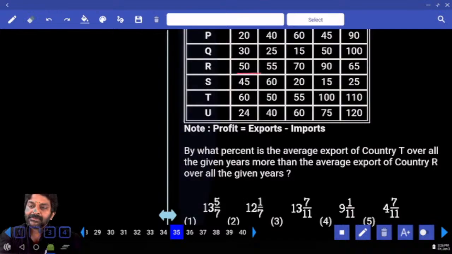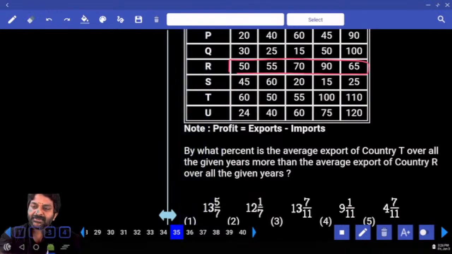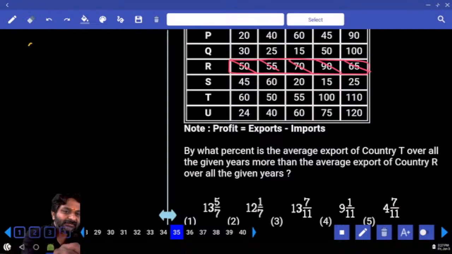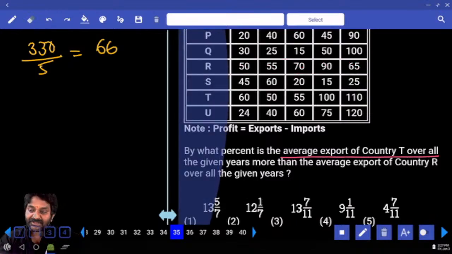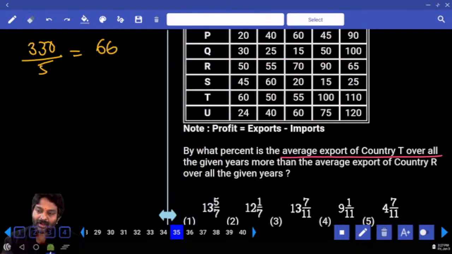R, sum of these values, okay? 55, 65, 120, 90, 210, 70, 280, 50, 330, for how many years? Average is equal to that divided by 5, which is 66. Now the question is, by what percent is the average export of T over all the years? For T also we have to calculate.